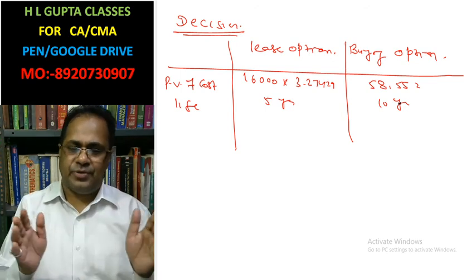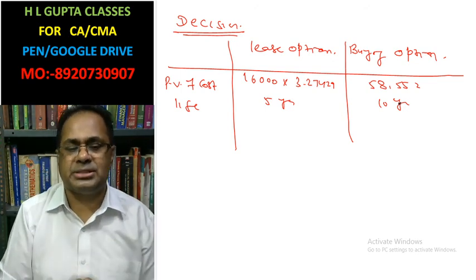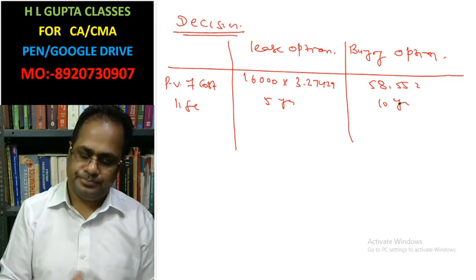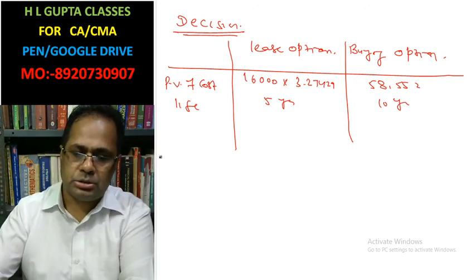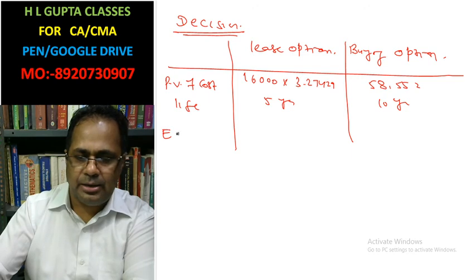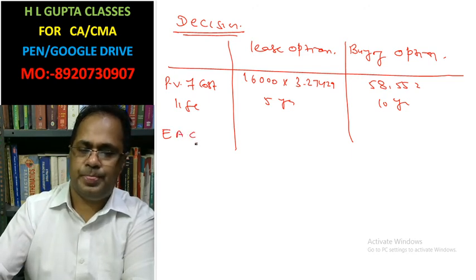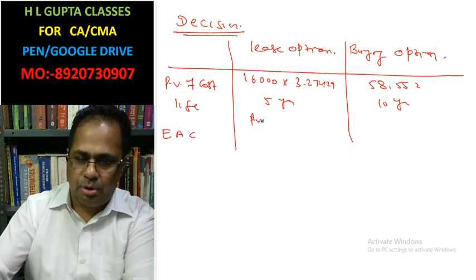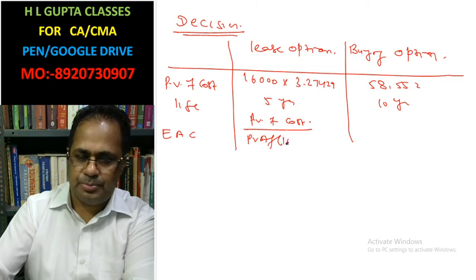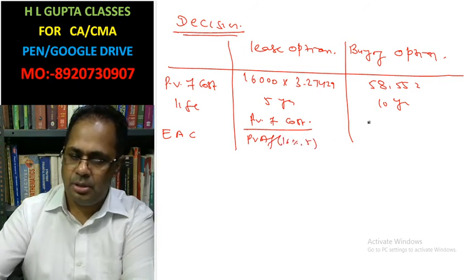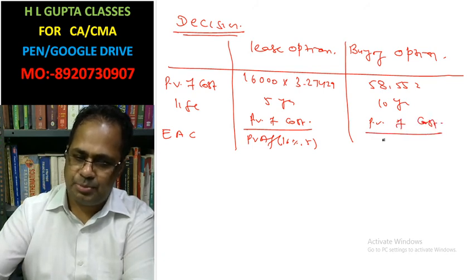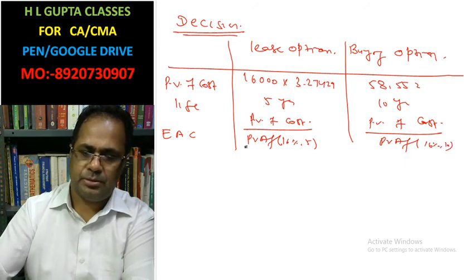Whenever life is different, then we have to take decision on the basis of equivalent annual cost. The equivalent annual cost is the present value of cost divided by present value annuity factor at 16%.